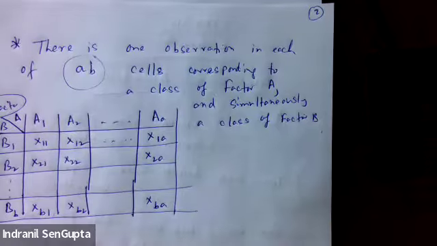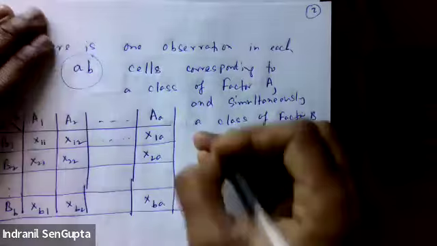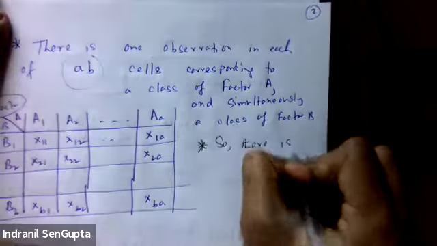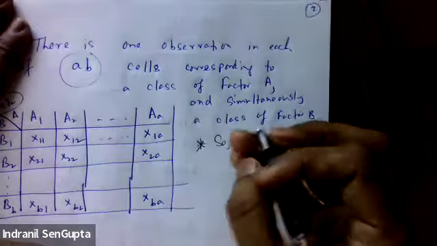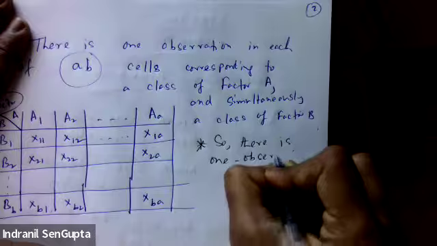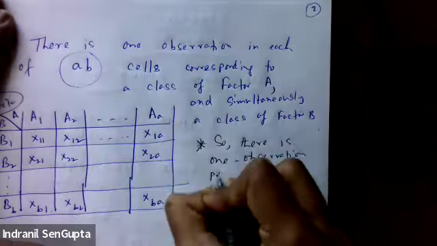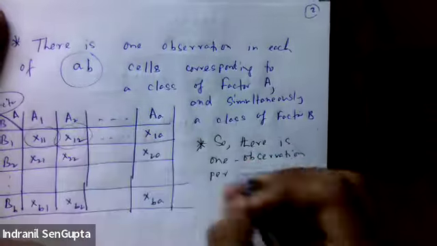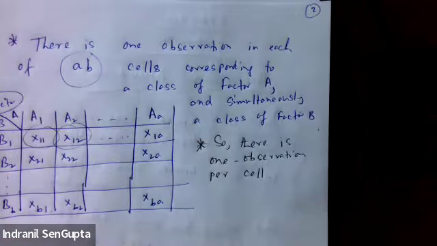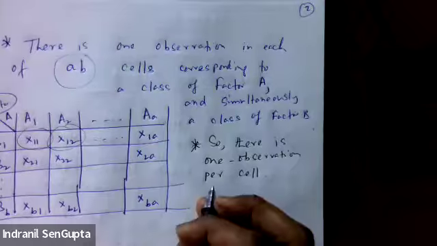So this is really important, so let me just write: there is one observation per cell. And what is a cell? These things are called cells. Of course, this can be relaxed.